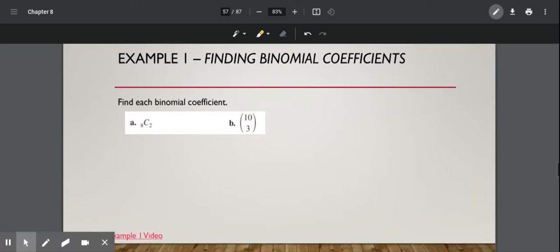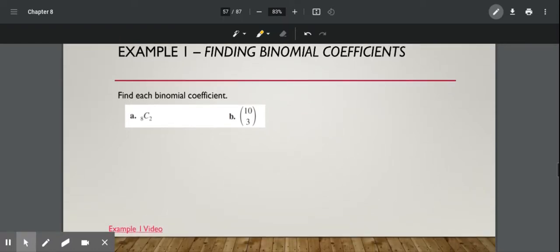So for this first example, for part A, we need to figure out the coefficient of 8C2. This would end up being your third term in the expansion, because this 2 reflects what that second variable's exponent would be. If the first term is at 0, the second term is at 1, and the third term would be at 2.